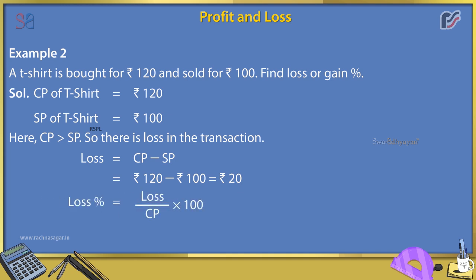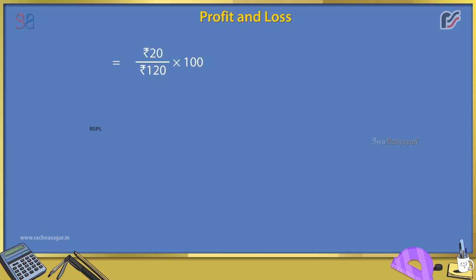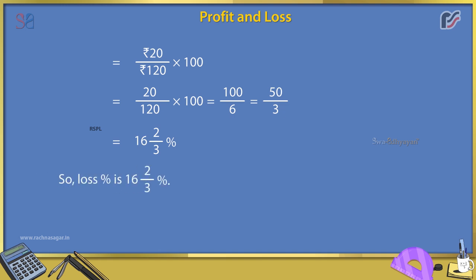Loss percent is equal to loss by CP into 100, which is equal to ₹20 by ₹120 into 100, which is equal to 20 by 120 into 100, which is equal to 100 by 6, which is equal to 50 by 3, which is equal to 16 and 2 by 3%. So, loss percent is 16 and 2 by 3%.